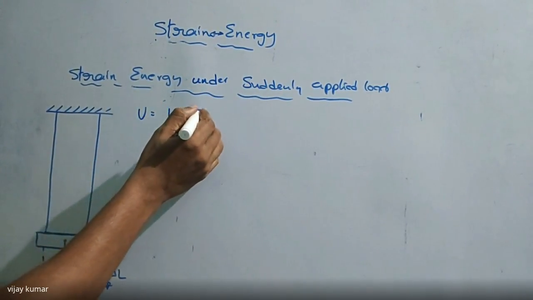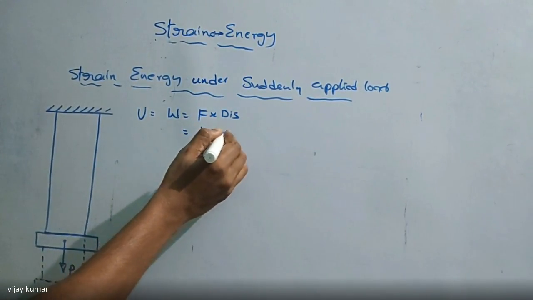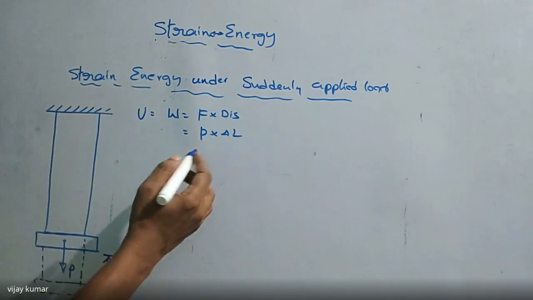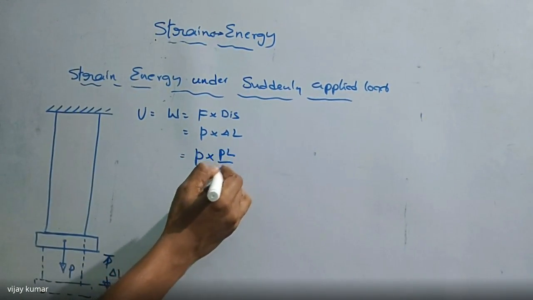So here strain energy is equal to work done. Work is equal to force into displacement. Force is P here, displacement is delta L. In the previous case, gradually applied load, we took the average load. Here we are not taking the average load, we are applying the load suddenly. So take that load directly. Don't take the average load. So I'm going to remove the half here. Then I'm writing P into PL by AE.